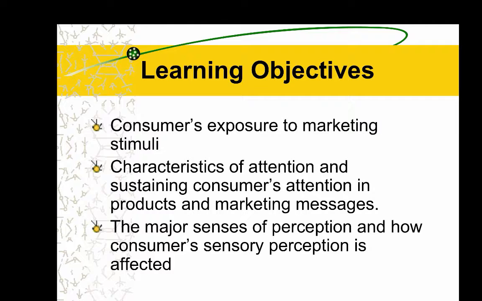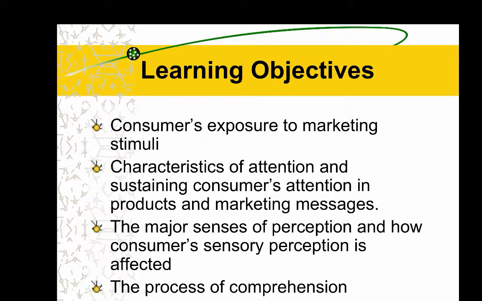Describe the major senses that are part of perception and outline why marketers are concerned about consumers' sensory perceptions. Discuss the process of comprehension and outline how marketing mix elements can affect consumer inferences about products and brands.